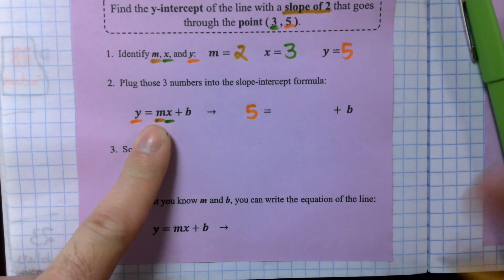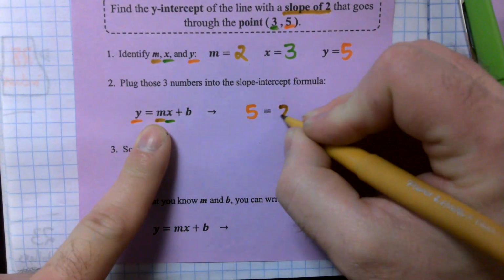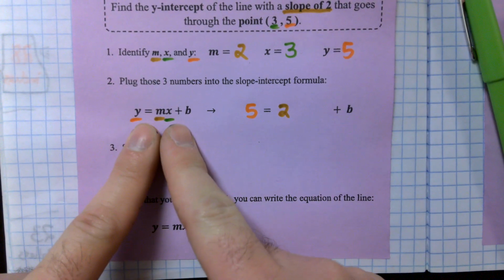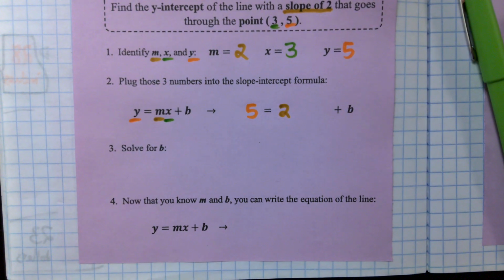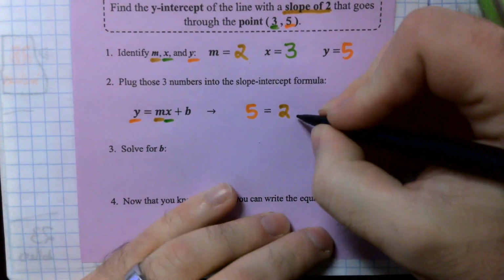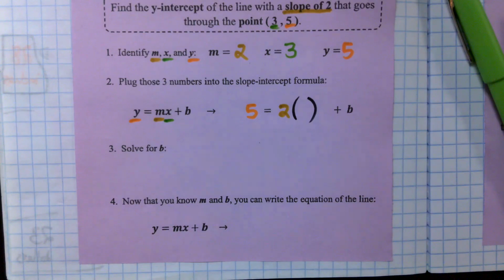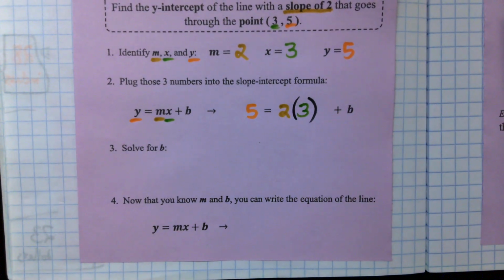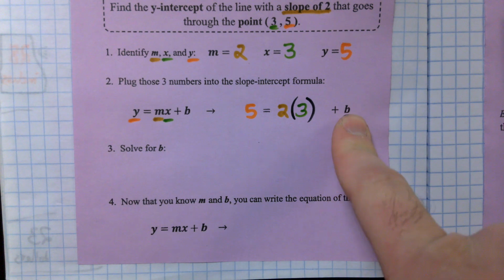What am I going to replace the letter m with? 2. Now when I have mx right next to each other like that, are we adding them, subtracting them, multiplying them, or dividing them? We're multiplying. So I'm going to do 2 times, what am I going to plug in for x? 3. What am I going to plug in for b?